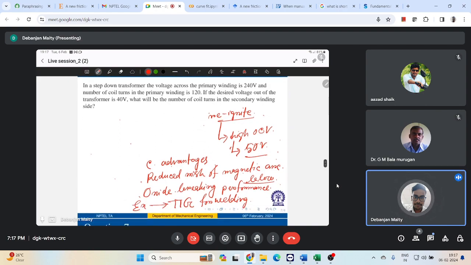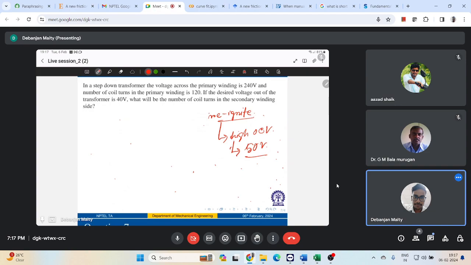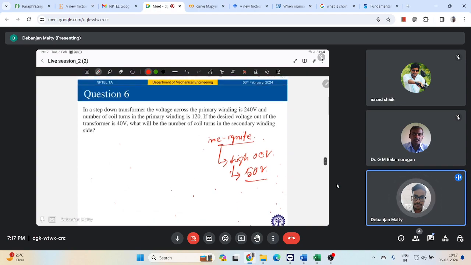Okay. So can we do this one? I have talked about the welding transformer in terms of primary and secondary windings. It says that in a step down transformer, the voltage across the primary winding is 240 volt.